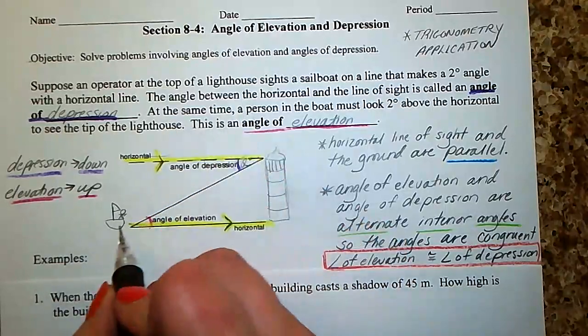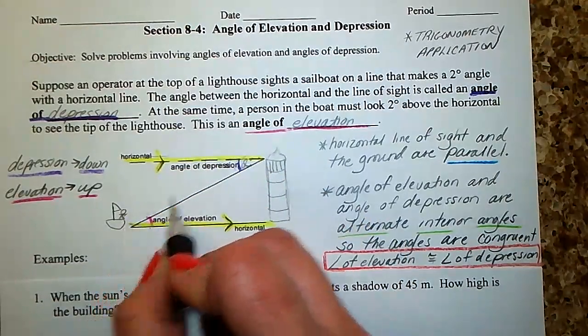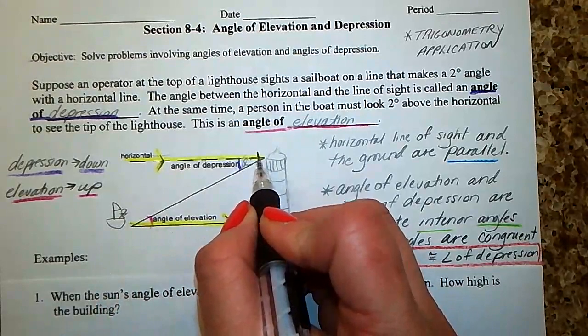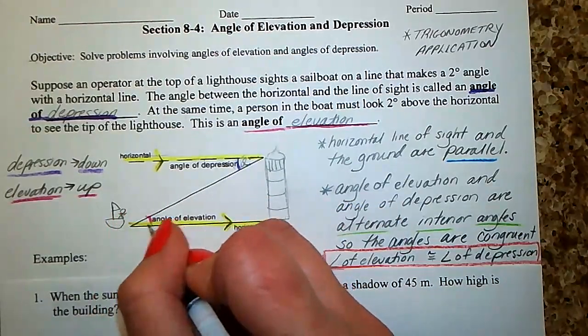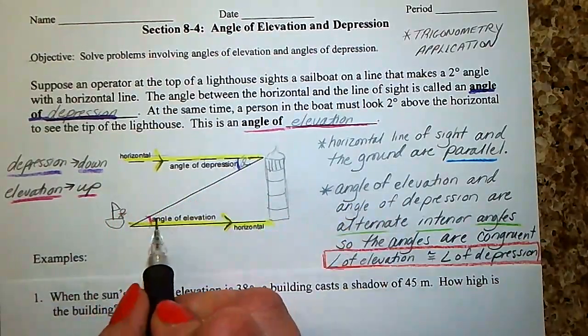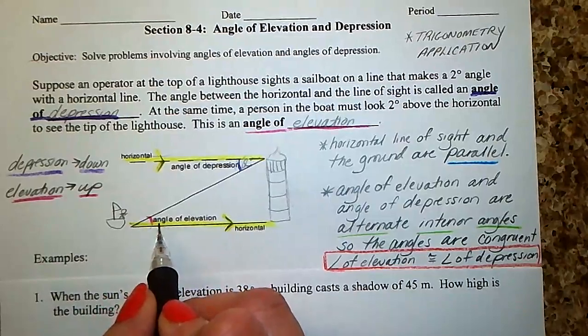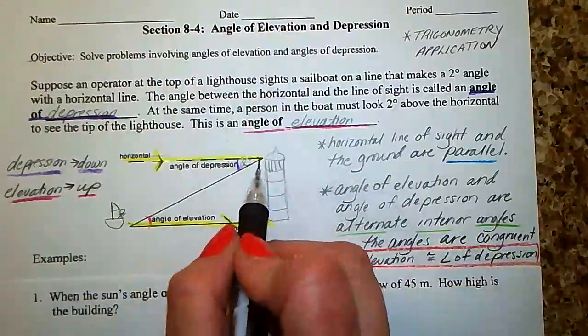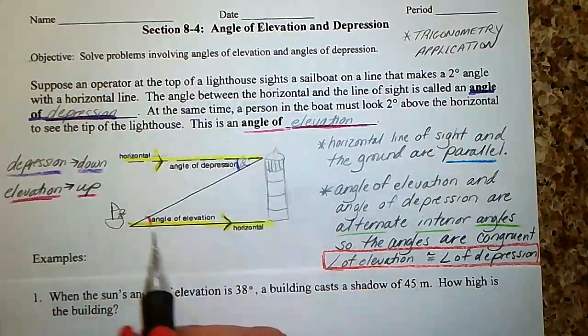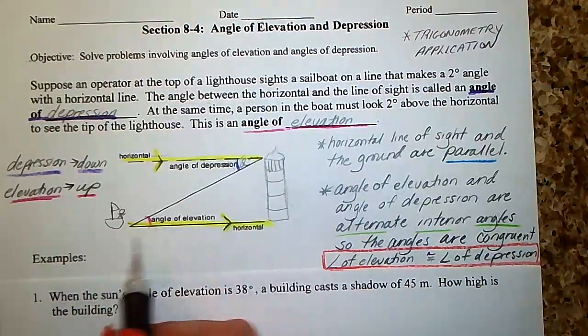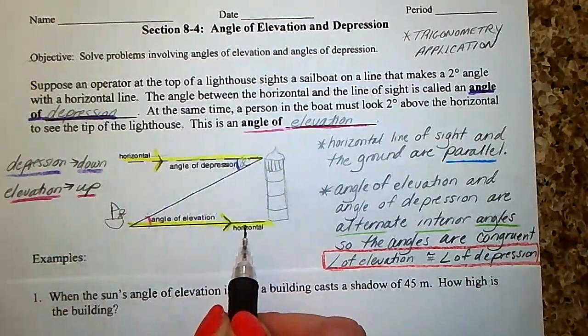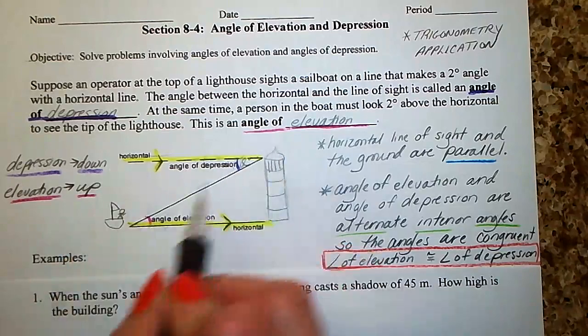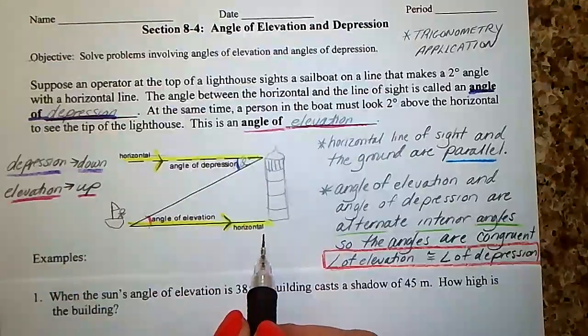At the same time, there's a person in the boat down here, and that person has to look up to the top of the lighthouse. So that person's angle with the ground looking up is going to be the angle of elevation. Okay, now here's the thing. That horizontal line of sight there and the ground there, those two are horizontal, which means they're also parallel to each other.